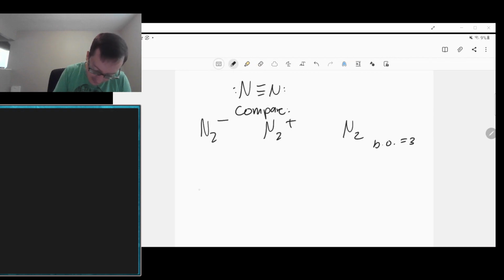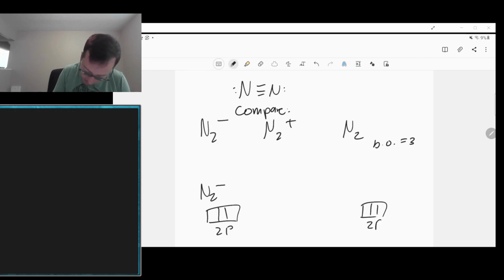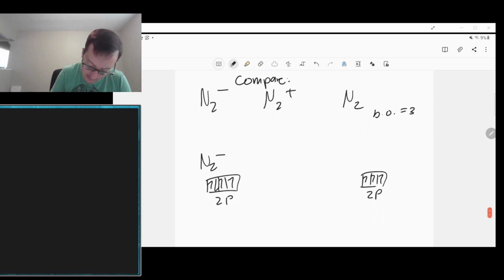Let's look at N2 minus. So I'm going to give one of them a 4th electron because we have a minus charge.